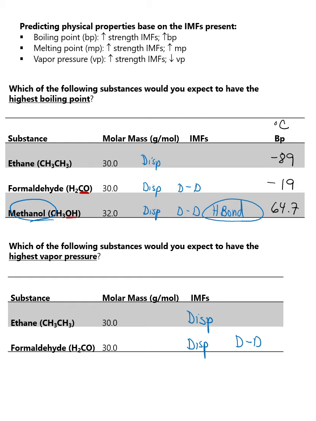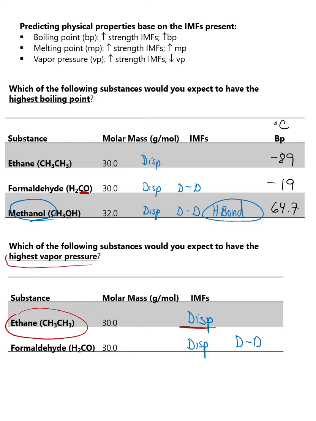The weaker the intermolecular forces, the more of your liquid will evaporate to move to the vapor phase, the higher the vapor pressure. So out of these two, formaldehyde with dipole-dipole will have a lower vapor pressure than ethane here with weaker intermolecular forces.